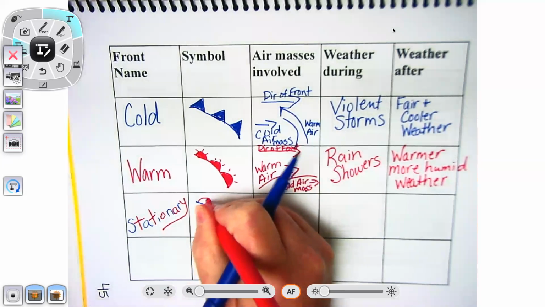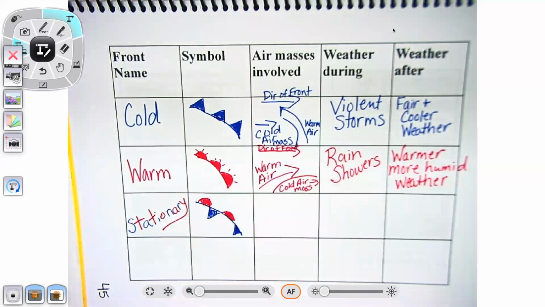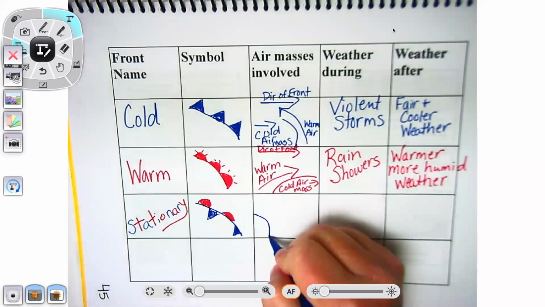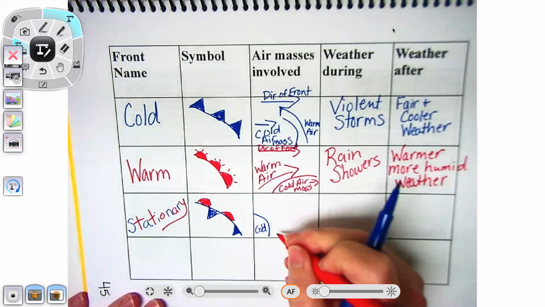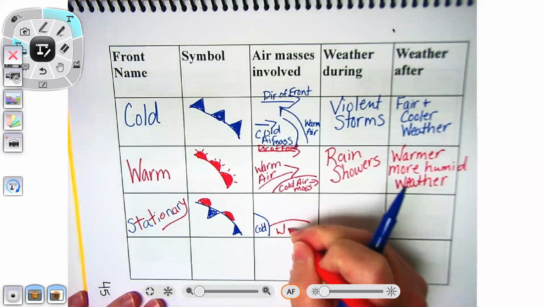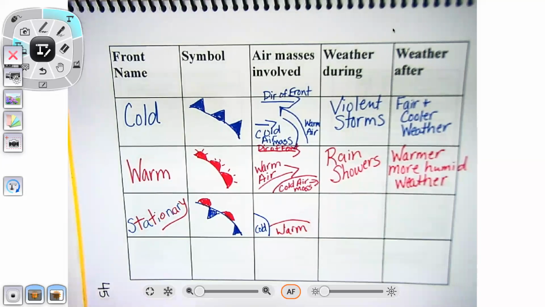So the cold and the warm air, boys and girls, are basically in a full-on battle because we're fighting to see who's stronger, the warm front or the cold front.